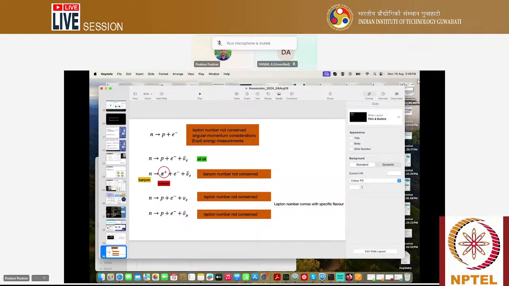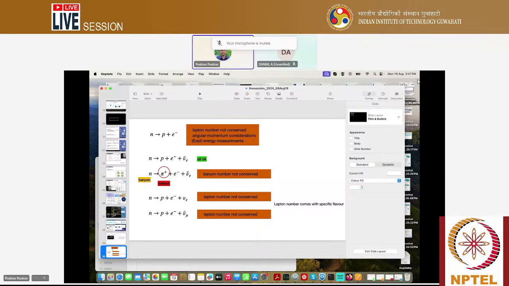This was the moment of discovery of the neutrino. In beta decay, although electrons are seen, nothing else, and protons, of course, can be figured out from the parent nucleus and the daughter nucleus. There was no other thing. And then it so happens that the energy spectrum of the electron measured is not matching with what is expected in a one particle going to two particle decay.